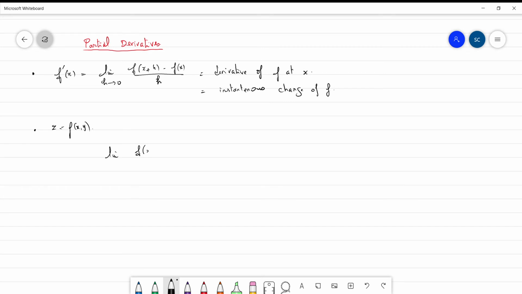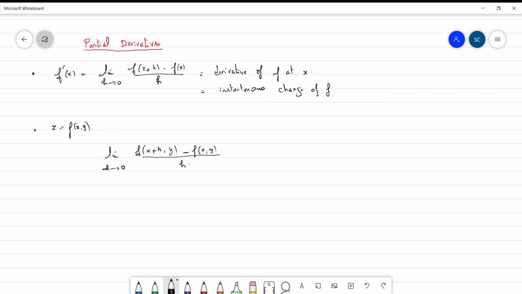So I will change x while I maintain y, the second variable, unchanged. So I compute these limits, which still gives me information. It's an instantaneous change of f while y is fixed.